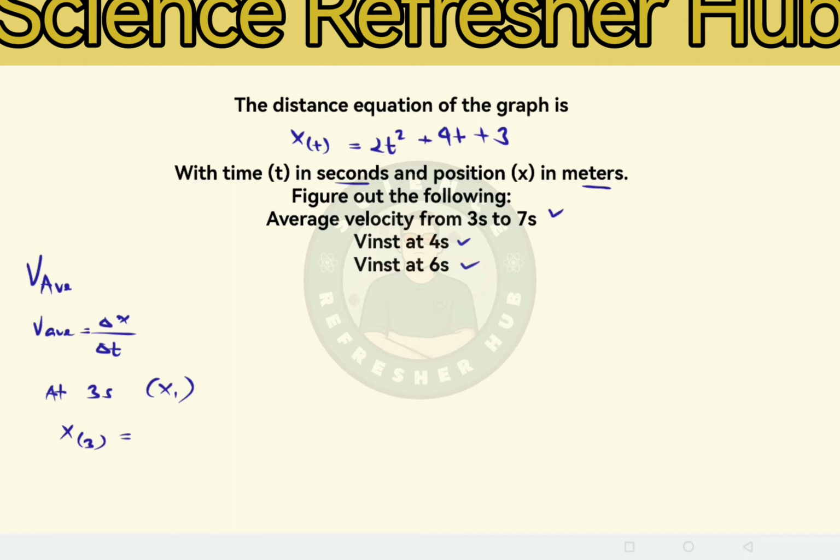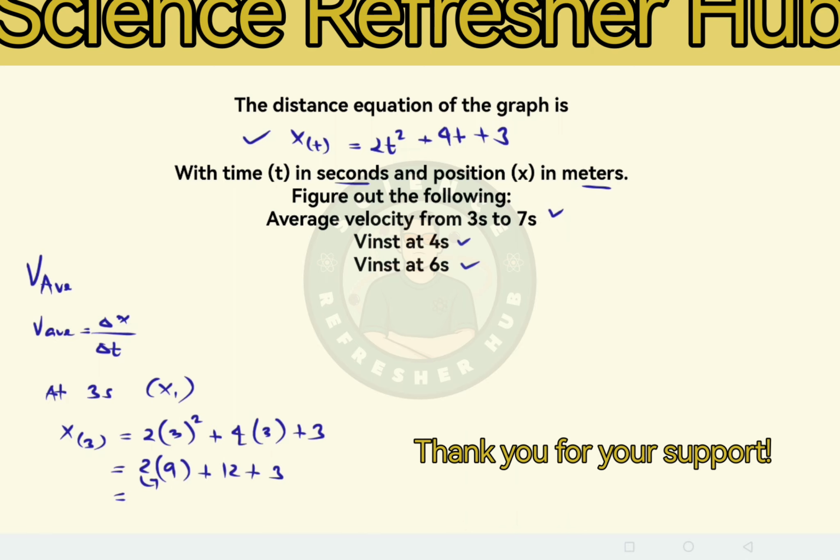So x of 3, I'm looking at the function here. 2, we'll substitute 3, then squared, plus 4, then times 3, plus 3. Always remember you have to square first before you multiply it by 2. 3 times 3 is 9, plus 4 times 3 is 12, plus 3.